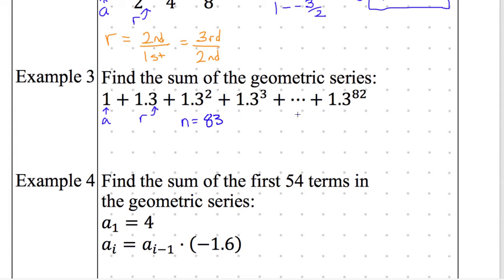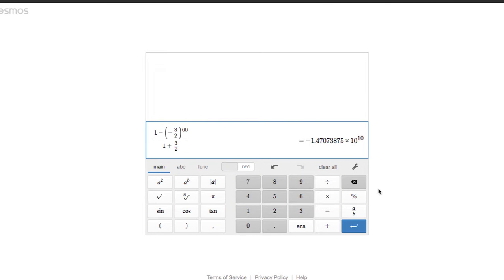Our formula states do A, which is 1, times 1 minus the common ratio, which is 1.3, all of that to the power of 83, all divided by 1 minus 1.3. Plug it into our calculator.